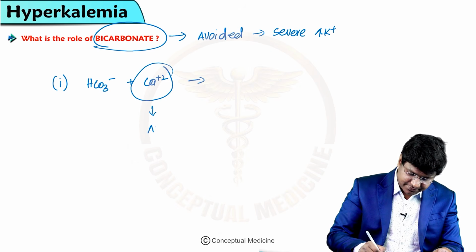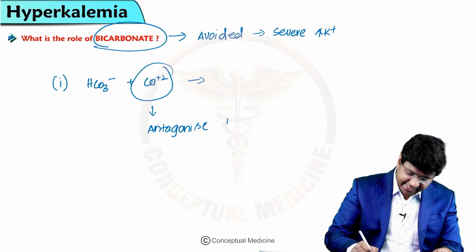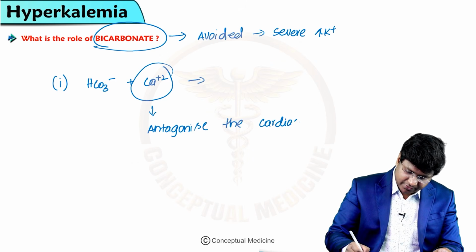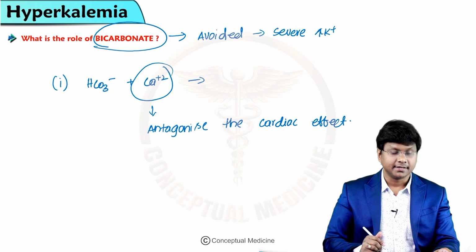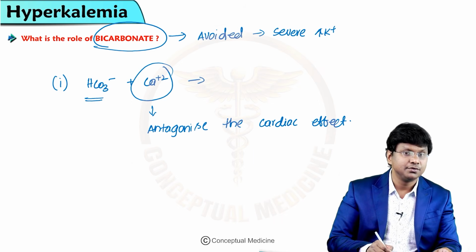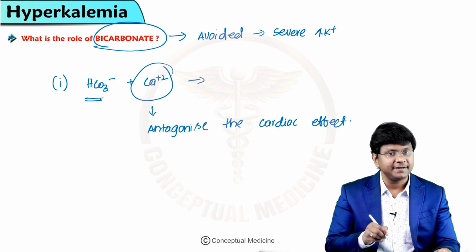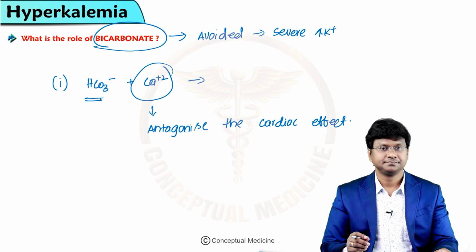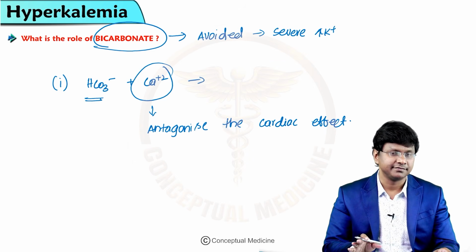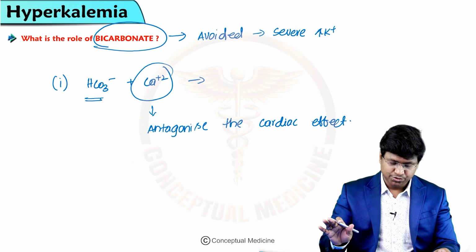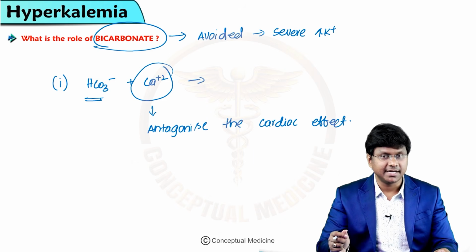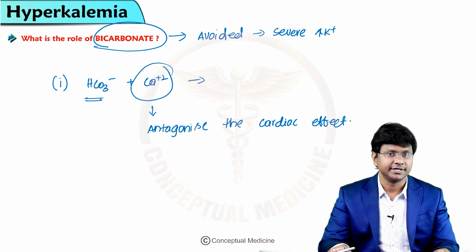You are giving calcium to antagonize the cardiac effect. But bicarbonate will form a complex with the calcium, which is counterproductive. So you should not give bicarbonate along with the calcium gluconate.